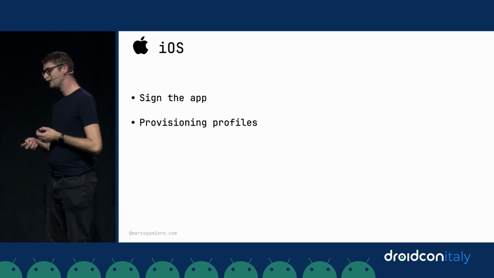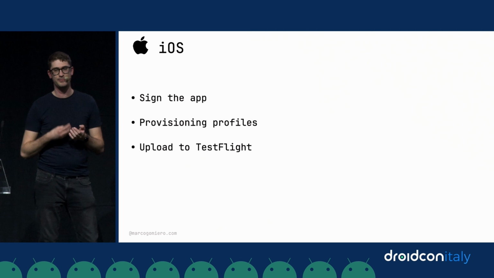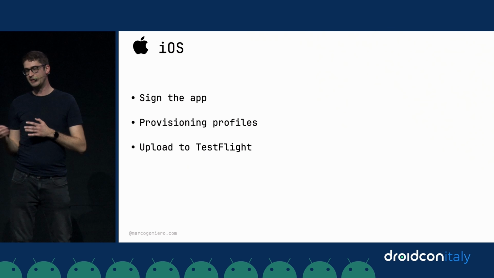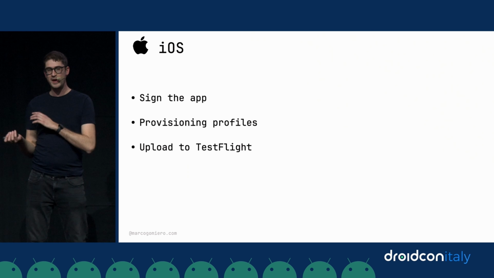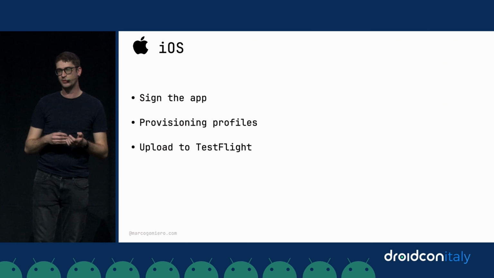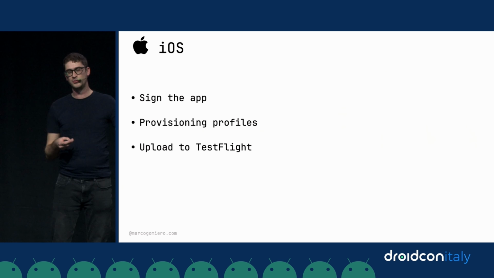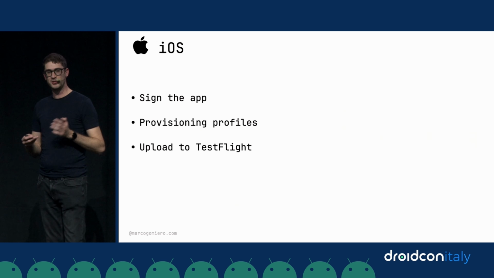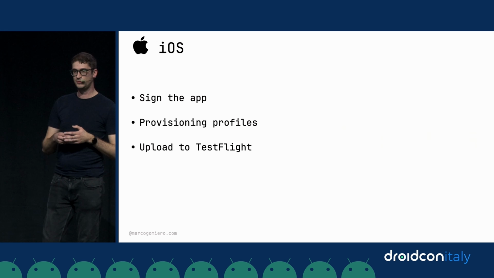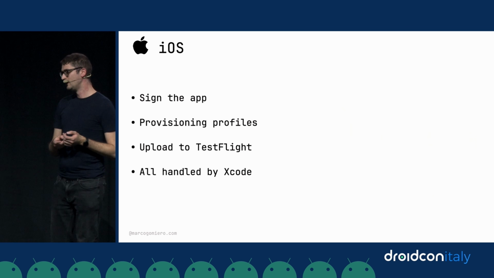After that, you have to upload the thing on TestFlight, which is the internal thing to test apps on iOS, basically a way to test your stuff internally and also externally if you want. After that, you can go through the review process, the paperwork, and all the stuff to release the thing.